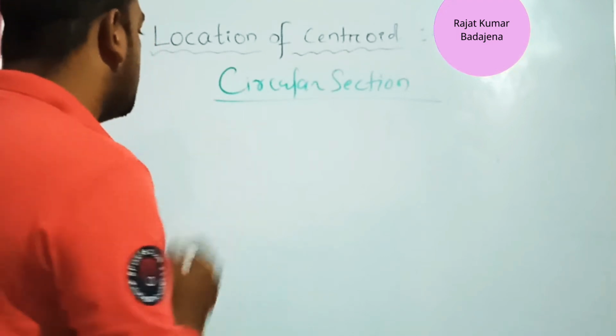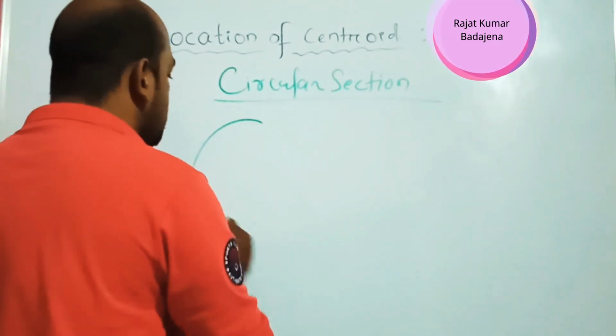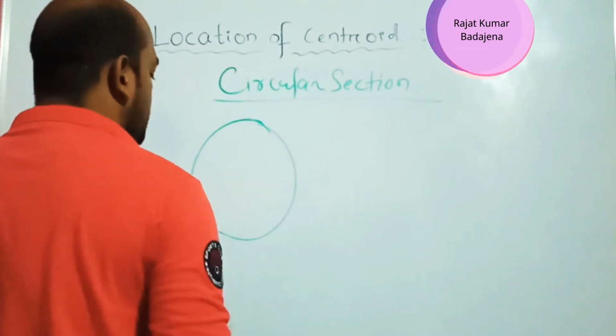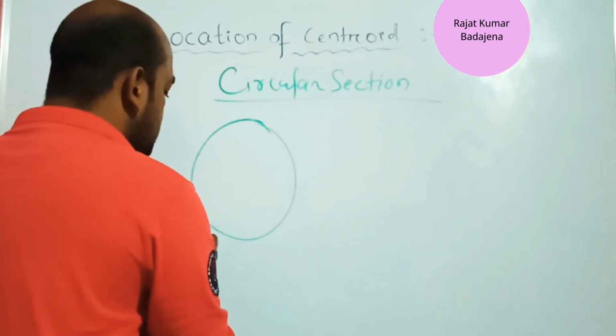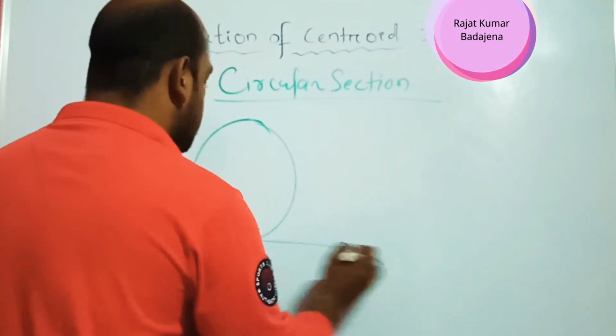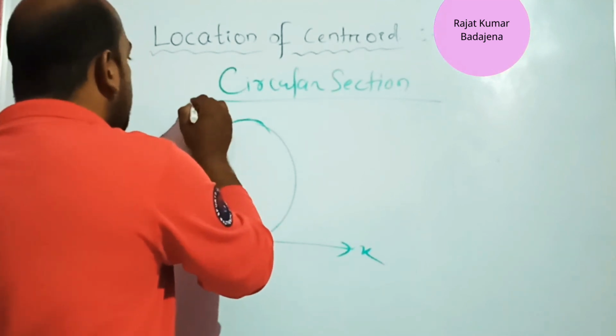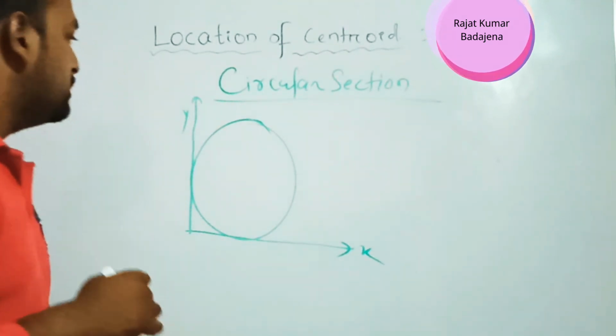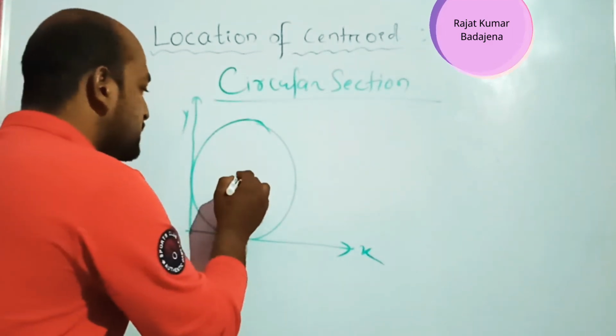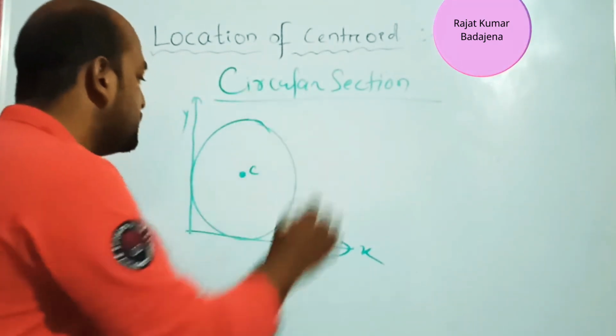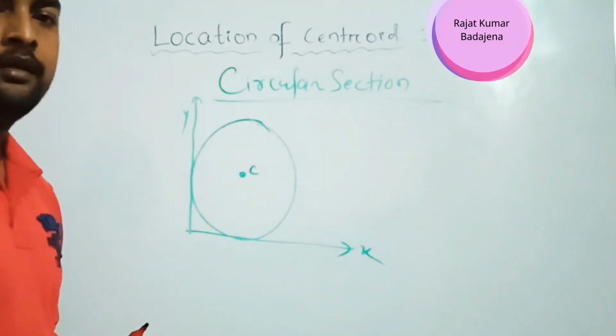Next is the circular section. Here you can see this is a circle. For this circle, this is the x-axis line and this is the y-axis line. The centroid point is located at the middle point of the figure.